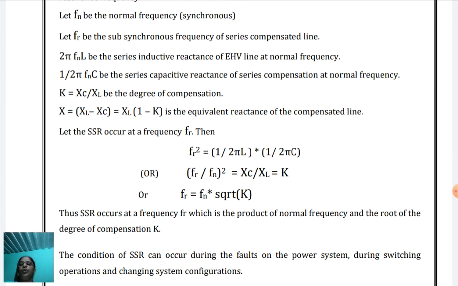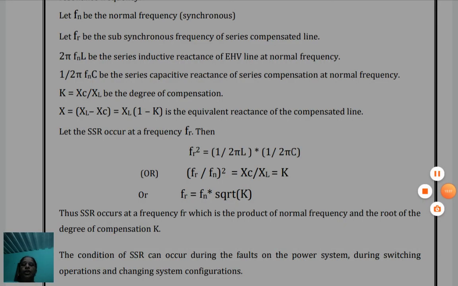Therefore K = Xc divided by XL, that is the degree of compensation. The resultant reactance X = XL minus Xc. Substituting the K value, X = XL (1 minus K). So the equivalent reactance of the compensated line is X = XL into (1 minus K) only.